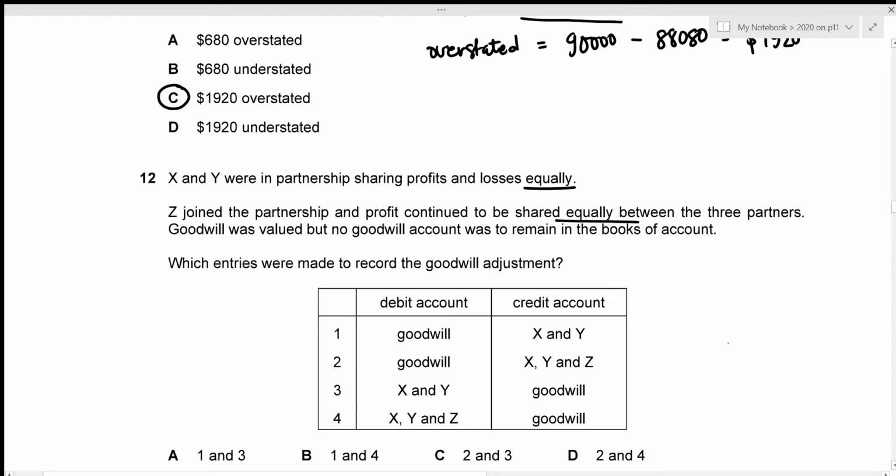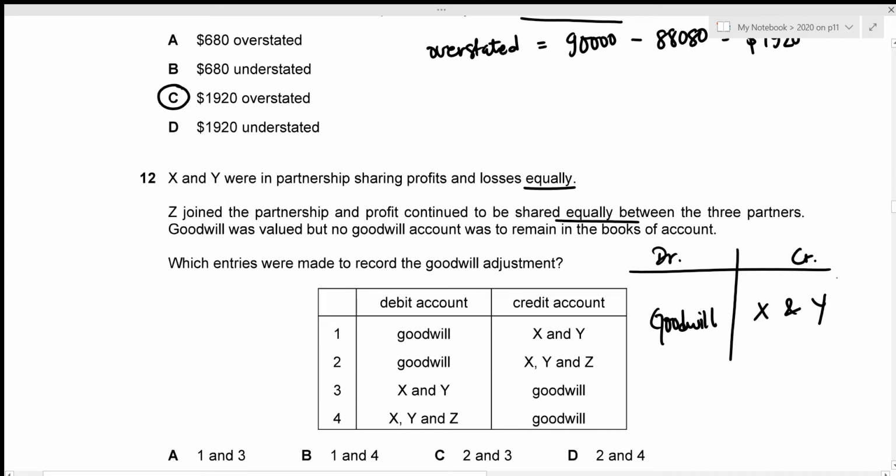Okay, so remember that in a capital account, this is the debit side, this is the credit side, we always record the goodwill at the previous profit sharing ratio for the existing partners, right? On the credit side. So on the credit side, we need to record X and Y, and this actually records the goodwill value, which should be recorded on the debit side. So that's goodwill for X and Y on the credit side.